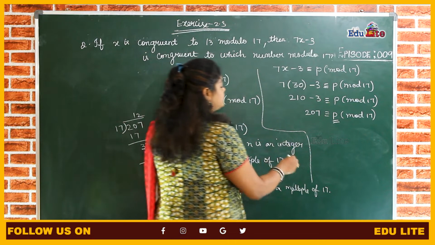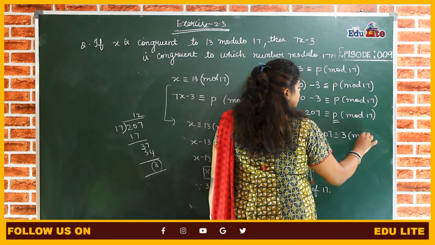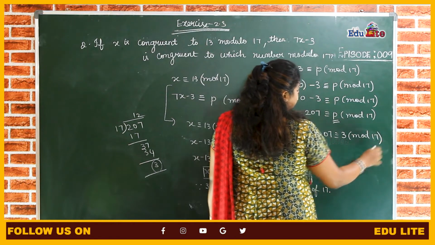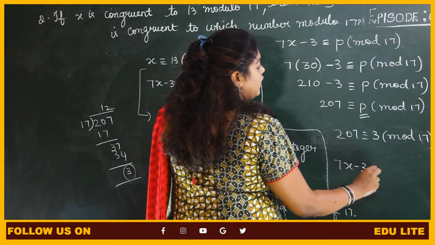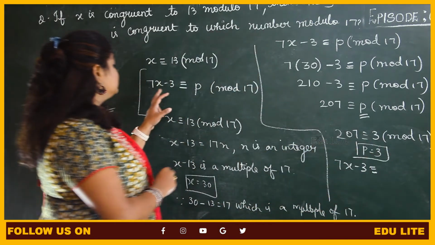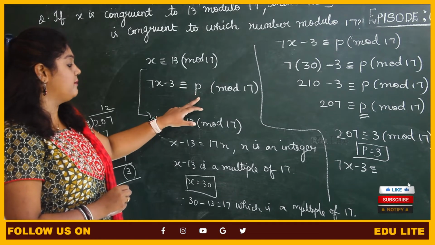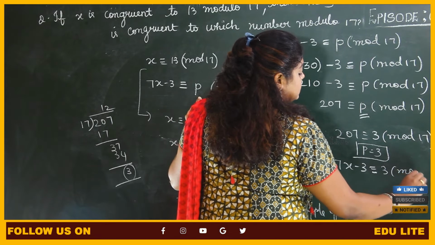So we can write this as 207 is congruent to 3 mod 17. Therefore, 7x minus 3 is congruent to, the value of p equals 3. We were asked to find 7x minus 3 is congruent to which number? It is 3 mod 17.